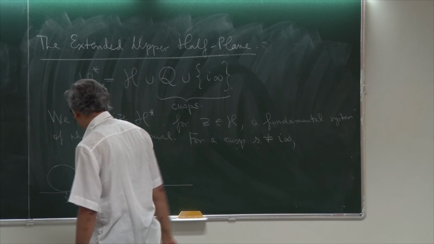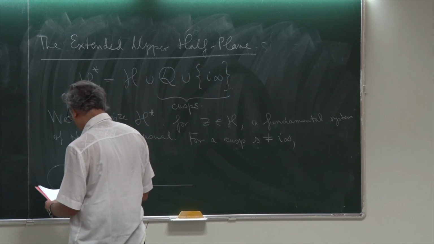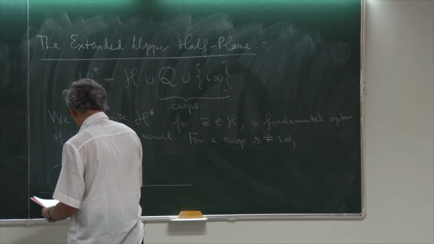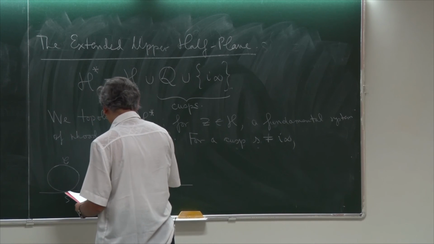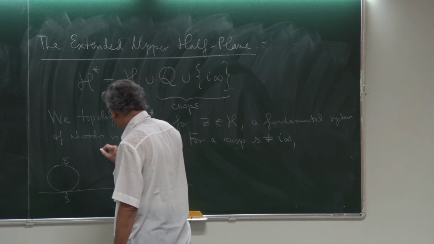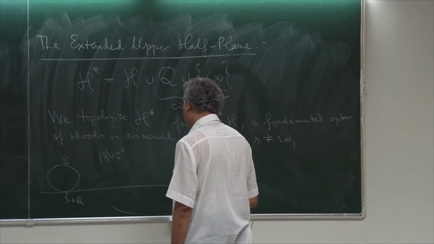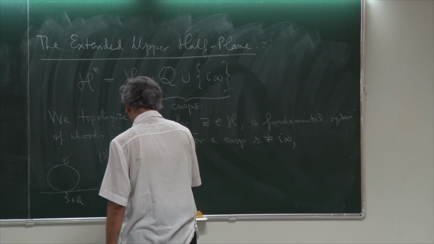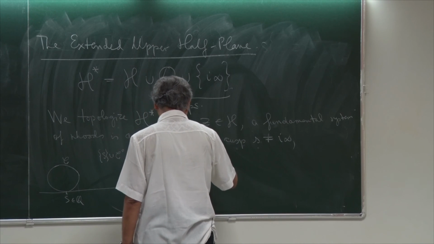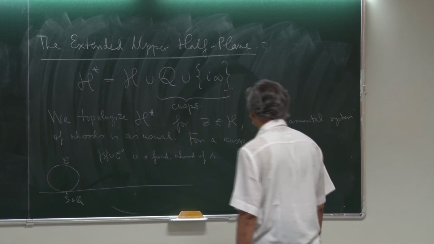So let's call this circle C. So s, the rational number s, along with the interior of the circle C, is a fundamental neighborhood of s. So these are the fundamental neighborhoods of the rational cusps.